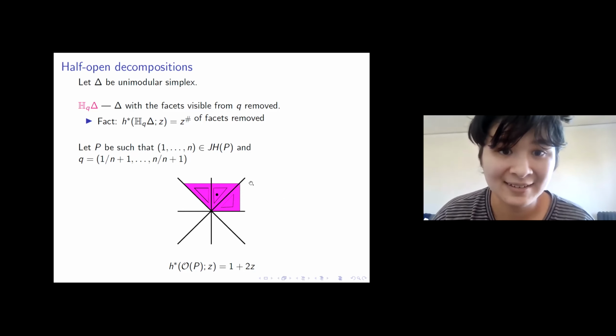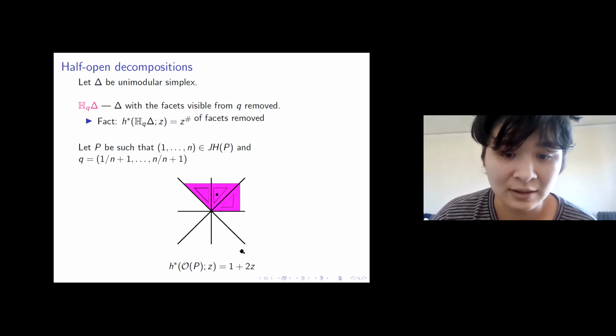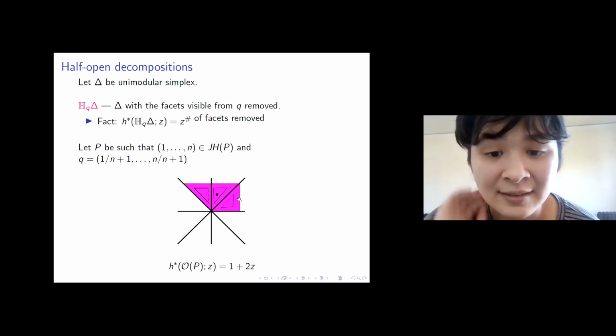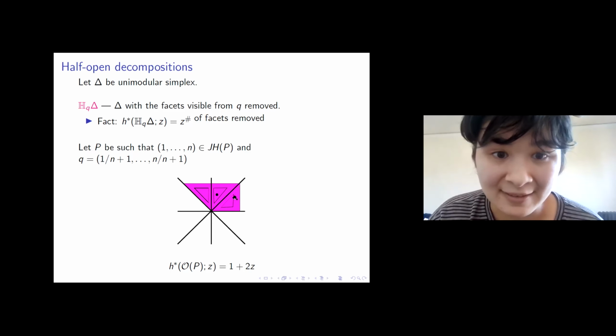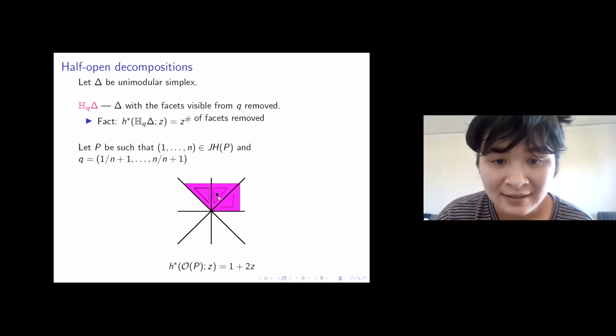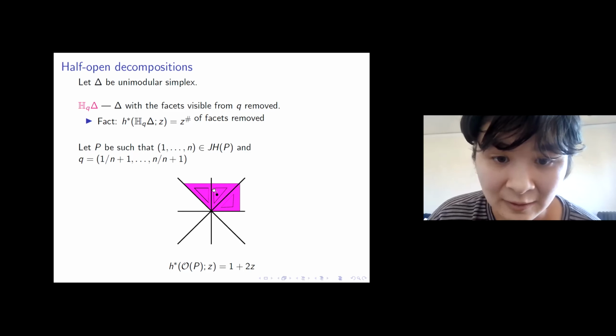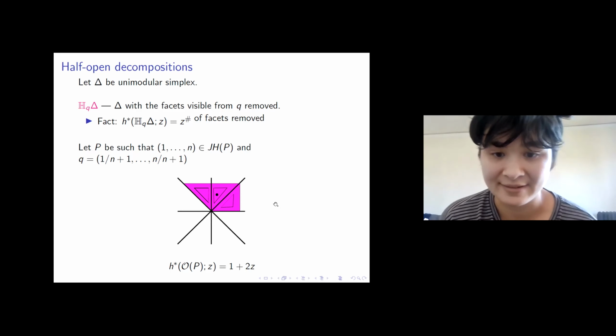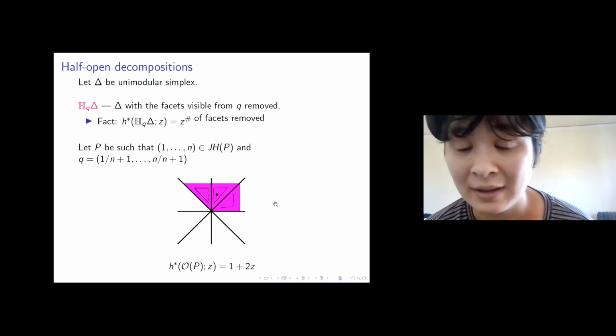One fun fact is that the H-star polynomial of a unimodular simplex of this size with k facets removed is z to the k. Since this is a disjoint union, we can just add together the H-star polynomials of each of these half-open triangles to get the H-star polynomial of this whole polytope.